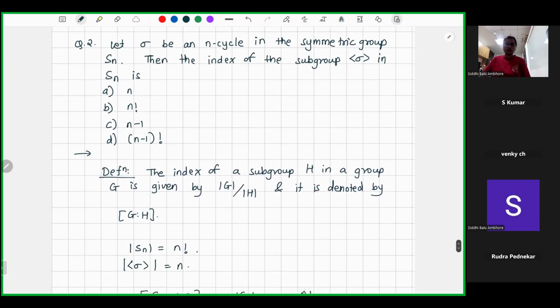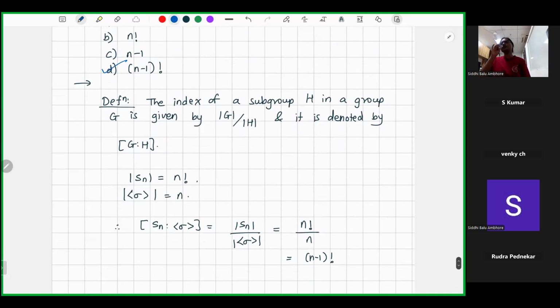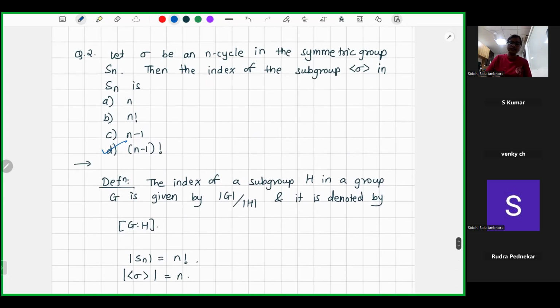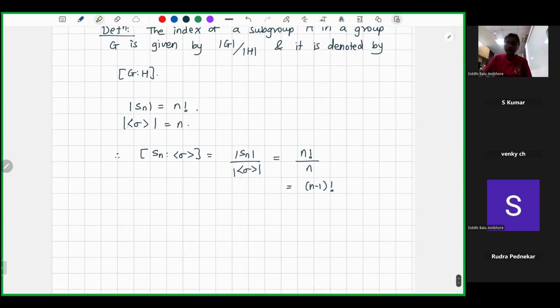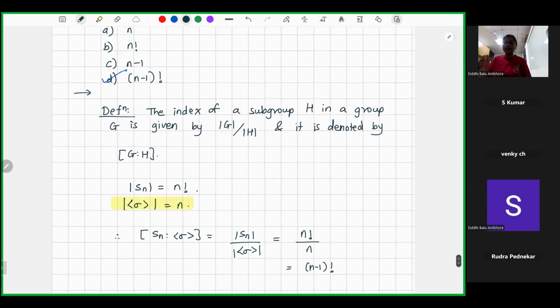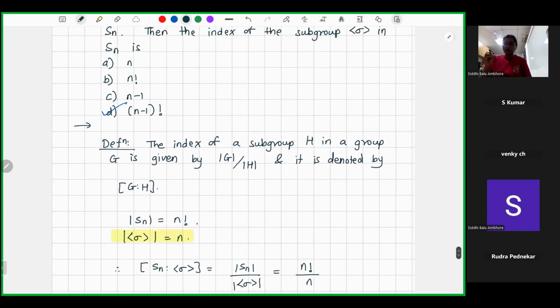Okay, so this is what is asked here. So this was very clear. I mean, you do not need to put much. The only thing to notice here is that the order of this cyclic subgroup generated by an n cycle in Sn has cardinality, or has order, n.